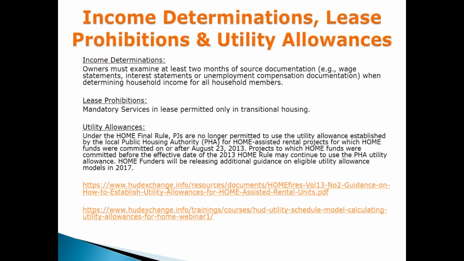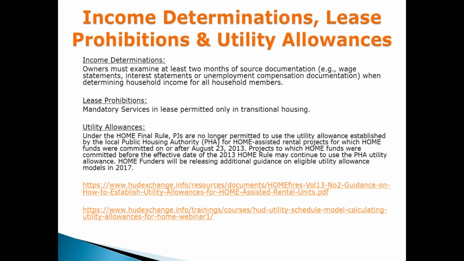In addition, State Commerce is taking the lead on developing a utility allowance policy that outlines the eligible utility allowance models, and other HOME funders in the state are reviewing that, and we're hoping that we'll be able to release some joint guidance so as to not confuse all of you and ourselves about all of the different eligible options for utility allowances.